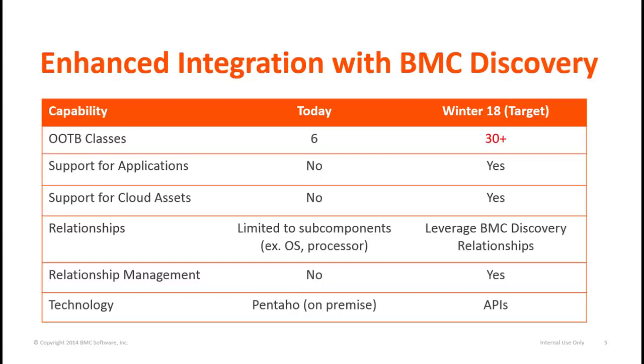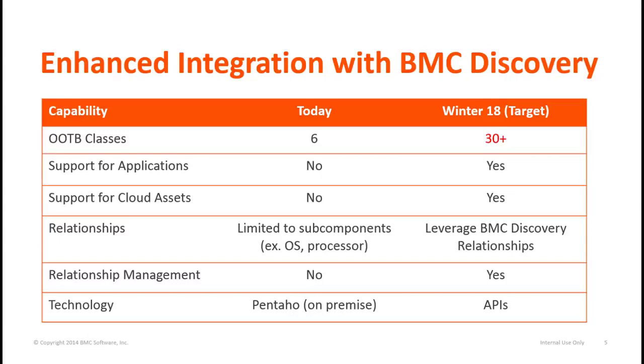In addition, we are providing relationship management, and this actually goes a little bit deeper in that not only will we give you the ability to update and identify inactive relationships, which will be synchronized and updated back into Remedyforce, we're taking that same approach on objects. Within BMC Discovery, by default, an inactive record, say an inactive server, for example, doesn't become inactive until, I think the default is after 7 scans.